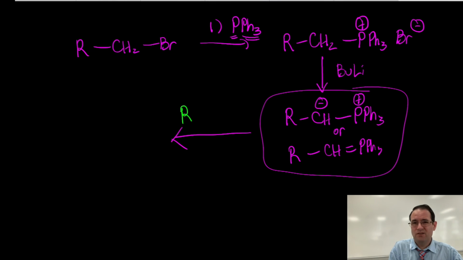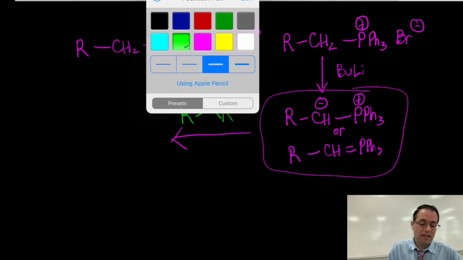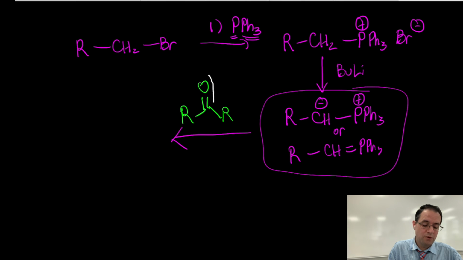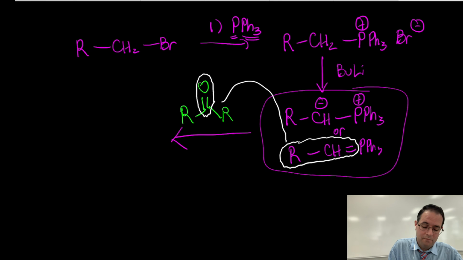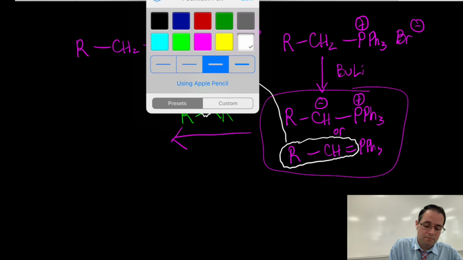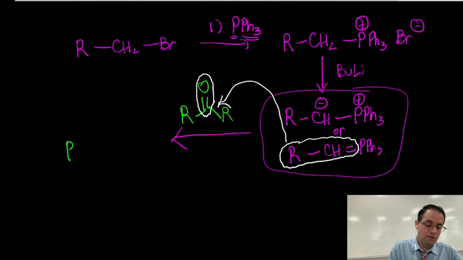Here I'll have to use a different color to make it easier to see things. So again, remember that you're going to replace this carbon-oxygen double bond with a carbon-carbon double bond. So you're going to take all of this business and you're going to move it up to here. Okay, so let me draw what that gives you.